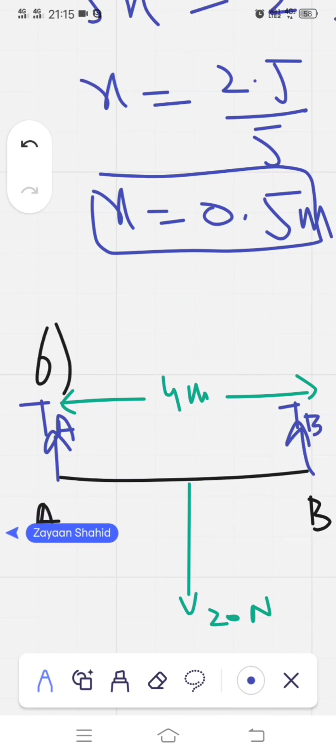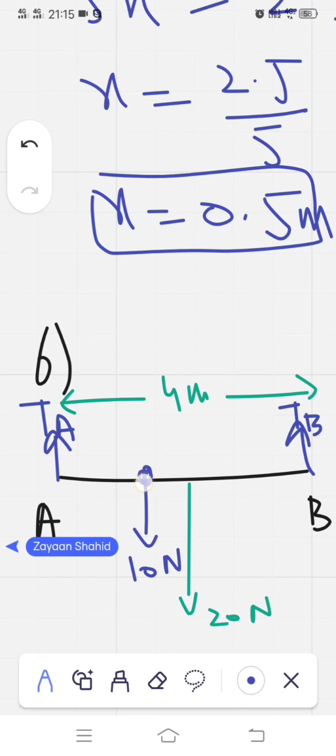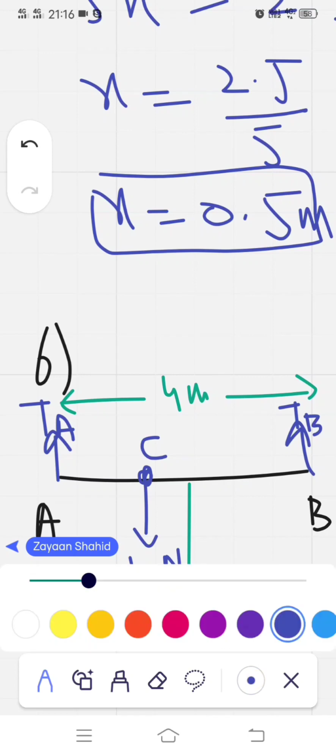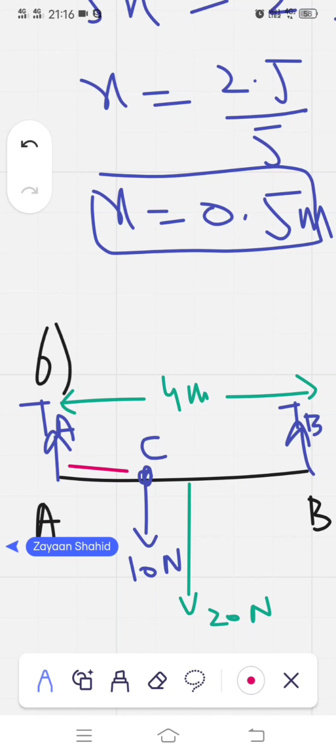Now a particle of weight 10 Newton is attached to the rod at the point C. So a particle is here that weighs 10 Newton. Let's take this is the point C, where A and C is 1.5. I can draw the distance, this 1.5.